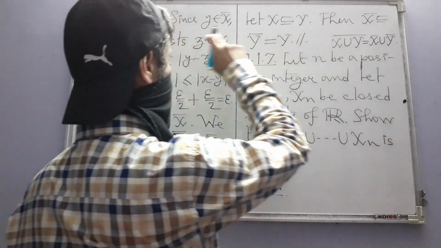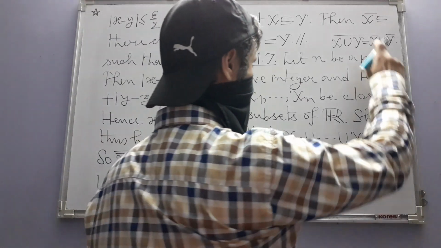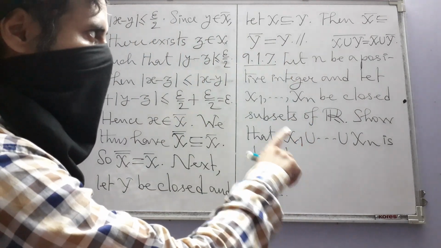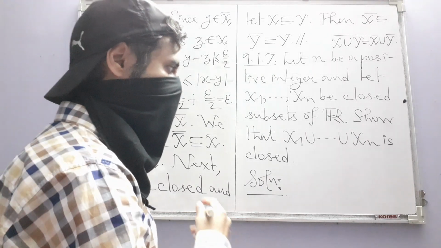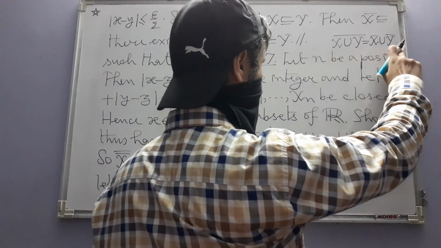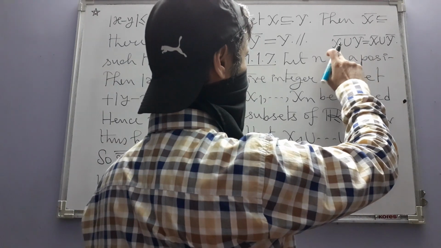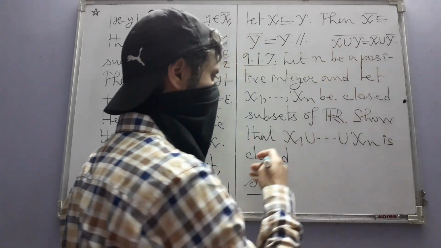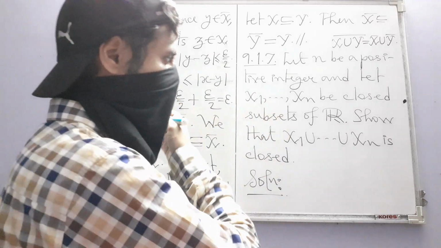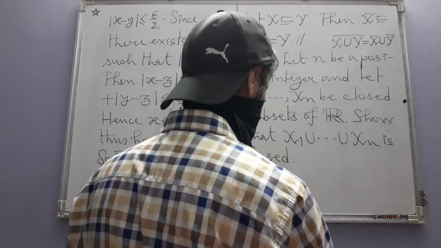Here we have equality, but in the one with intersection, equality is not guaranteed. We have containment, however. Now one can use induction and this fact to extend this to any union of finitely many sets. And here we are not talking about just closed sets but any subset of R. What I am trying to say is that if you have in place of two sets any n number of sets where n is a natural number, then a similar thing happens. Okay, so I'm just simply going to write this.